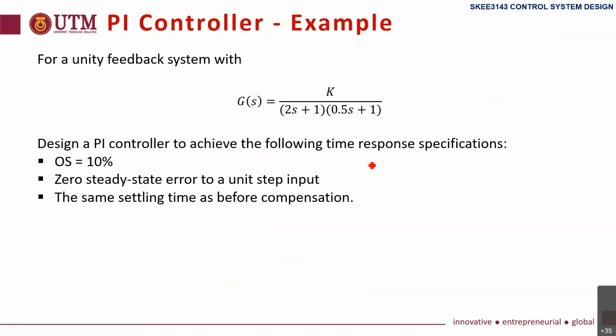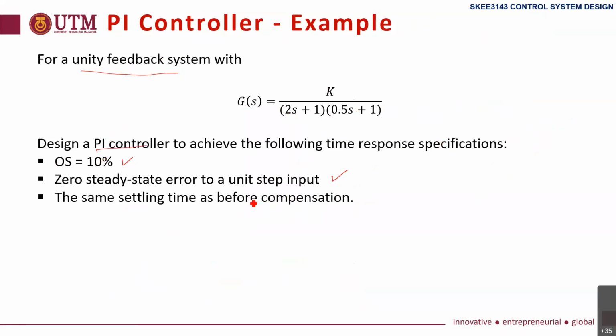Okay? For a unity feedback system, given transfer function is here, design a PI controller to achieve the following time response specification. We want overshoot 10%. We want zero steady state error to a unit step input.